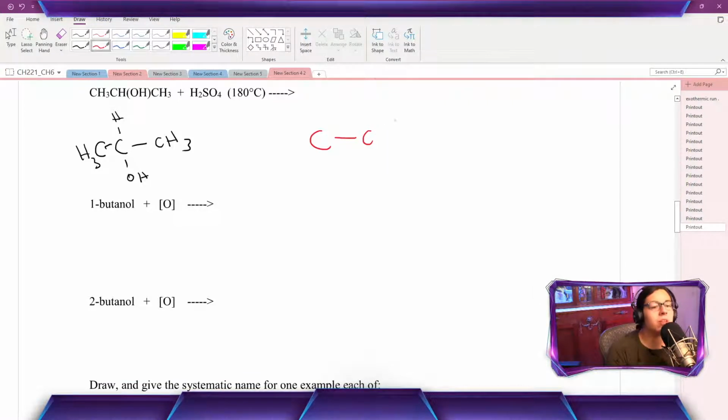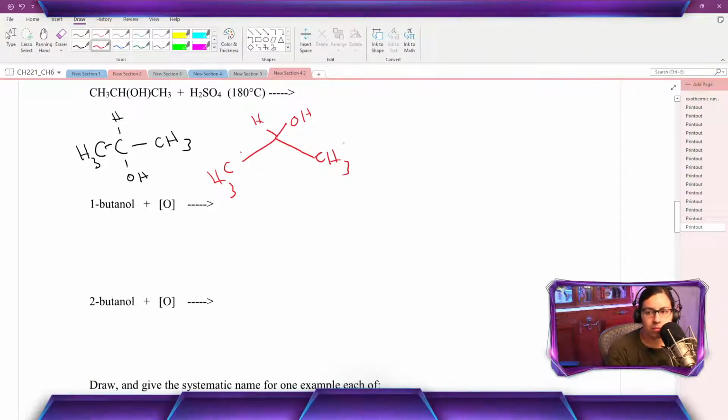Just want to draw this a little bit better. I don't like the way I drew this. Okay, I think that's a little clearer. And so again, we have our same sort of mechanism.